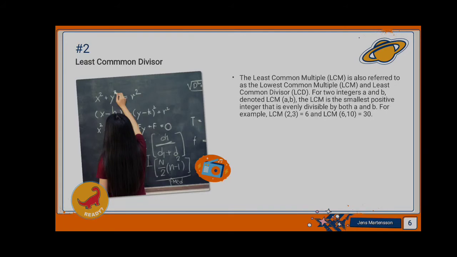For two integers A and B, denoted LCM, the LCM is the smallest positive integer that is evenly divisible by both A and B. For example, LCM(2, 3) is 6, and LCM(6, 10) is 30.